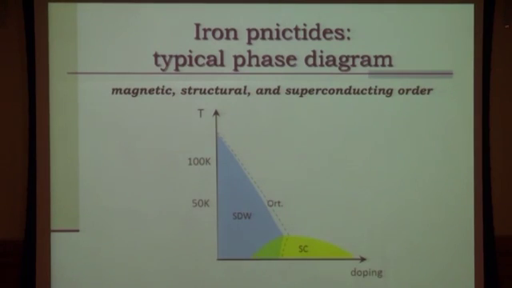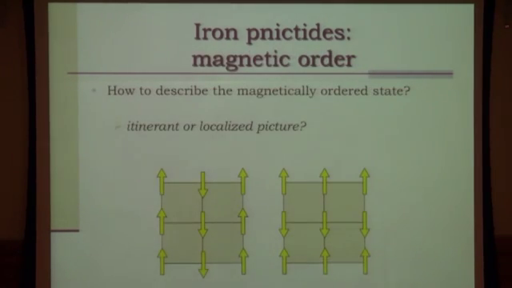As I told you, you're probably sick of seeing this phase diagram, but we have superconductivity appearing when you suppress the spin density wave and orthorhombicity. So, how can I describe this magnetically ordered state? One of the main discussions in this field is whether we should start with an itinerant or localized picture.